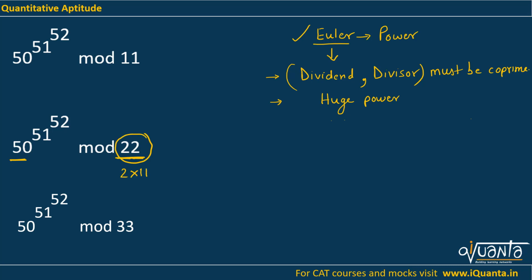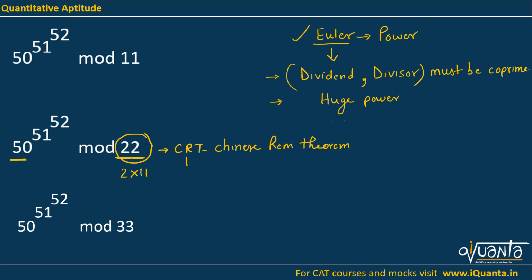So whenever we break the divisor into its factors, this theorem is called CRT, which is also known as the Chinese remainder theorem. I hope you are familiar with this. I just took these questions to tell you how to differentiate between questions and how to check which particular theorem to apply in a particular question.